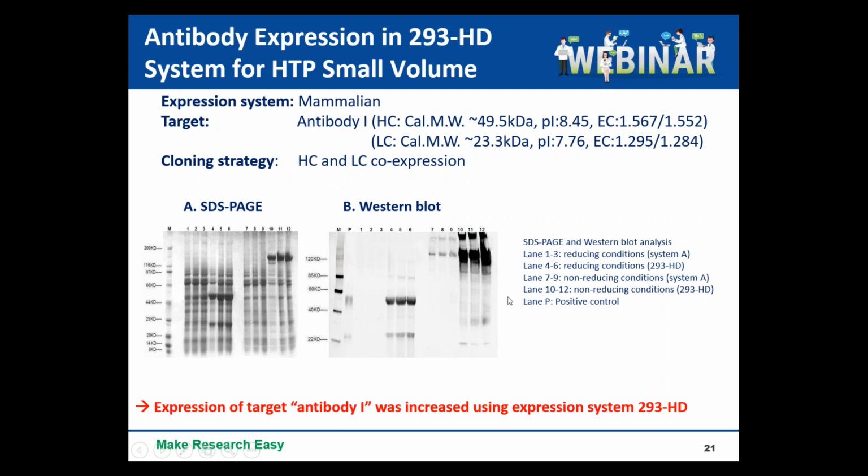And the image on the right is a Western blot of the same SDS-PAGE gel. So you get really robust expression using our high density system, and it's very important when you go in a high throughput format. You're dealing with small volumes. It's very important to bump up your titers in order to get the material that you desire.